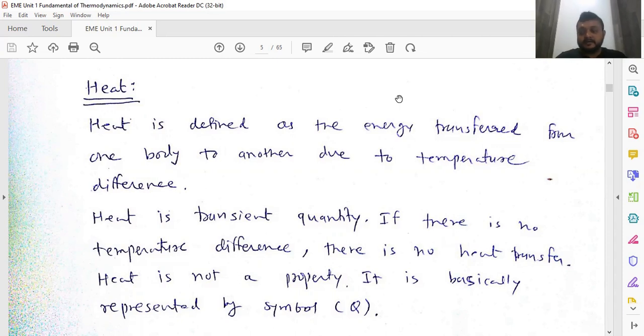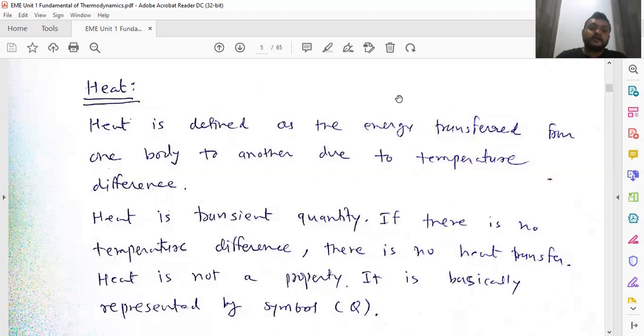So whenever you want to understand the actual performance of any kind of mechanical element, you must have knowledge about the work, and you must have knowledge about the heat. We have already understood work in the previous lecture, and in today's lecture we have to understand heat.